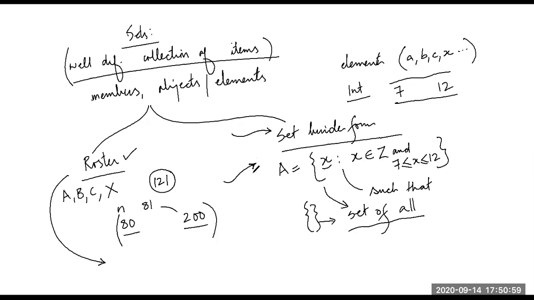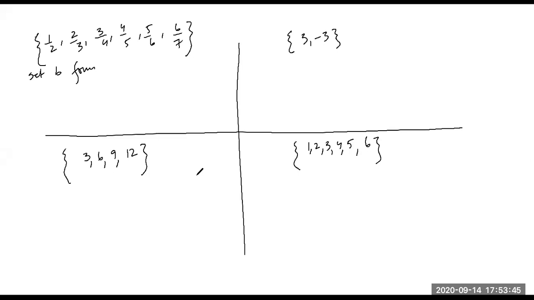Now, quickly, having done this, I want to practice a few sums which give you more practice on how to convert one form to the other form. Yes. So students, we have four sums. These are representations of sets in the first form.